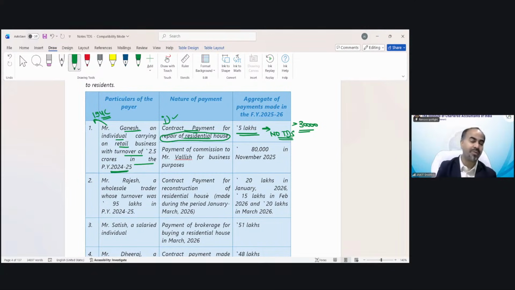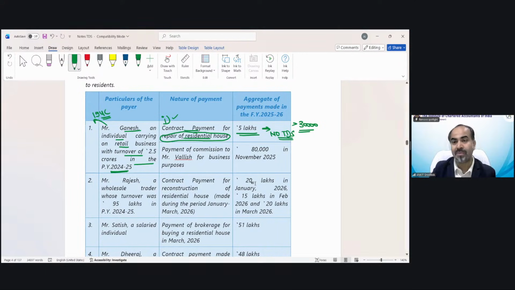Now let me tell you, the intention of section 194M was that it is for those individuals and HUFs whose turnover is less than 1 crore or 50 lakh. But the section says if those persons cannot deduct TDS under section 194C, H or J, then an individual or HUF can deduct TDS under section 194M.